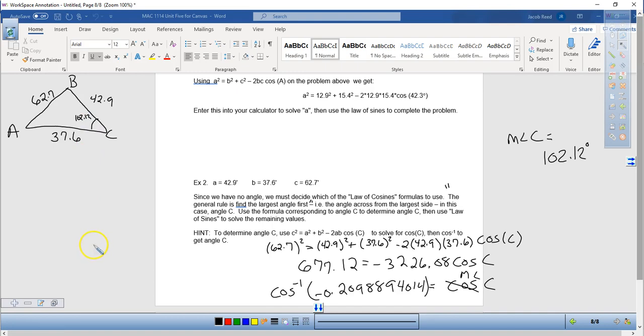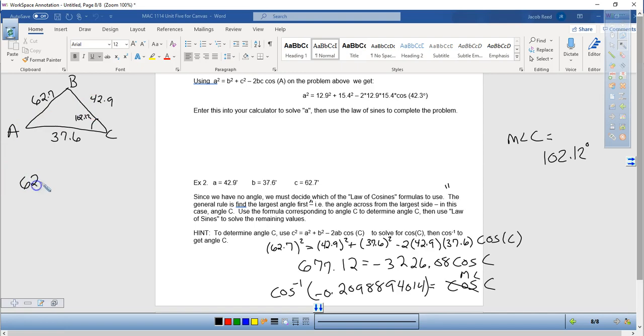Now that I know at least one angle, I've got a complete set of C, which means I can find angle A or angle B. I'm going to go with angle A since it's the second largest.